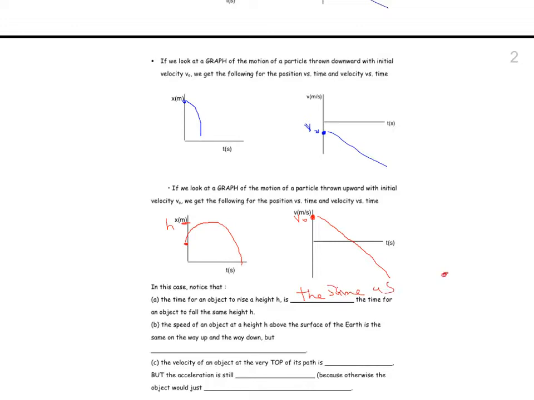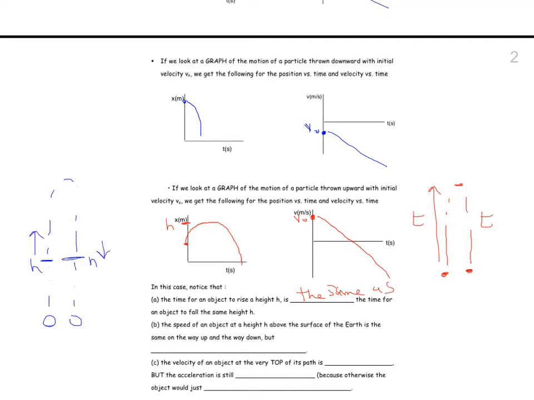If I have an object here, and it goes up and it comes back down and it hits at the same height, then the time it took to get to the highest point is the same as the time it took to fall from the highest point. And the speed of an object at a height h above the surface of the Earth is the same on the way up and on the way down. If I take a ball and I throw it up and it comes back down, and I'm looking at this height h above the ground, the speed will be the same.